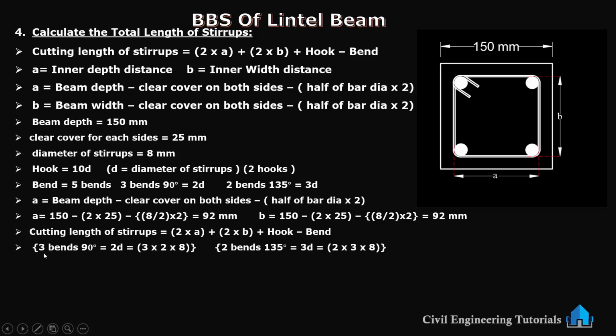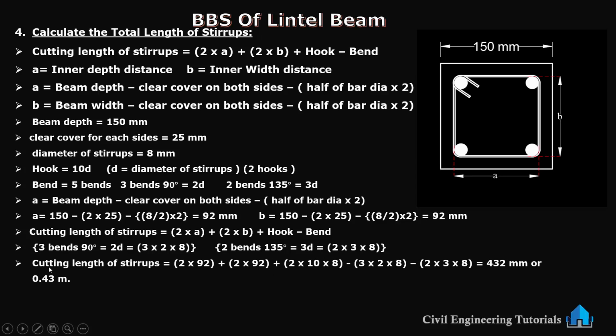So 3 bends of 90 degree, for 90 degree we will take 2D, so 2D means 2 into 8, for 3 bends into 3. 2 bends of 135 degree, 3D. 3D means 3 into 8, for 2 bends into 2. So for 3 bends, 3 into 2 into D, diameter 8. 2 bends, so 2 into 3D for 135 degree, 3 into dia 8.